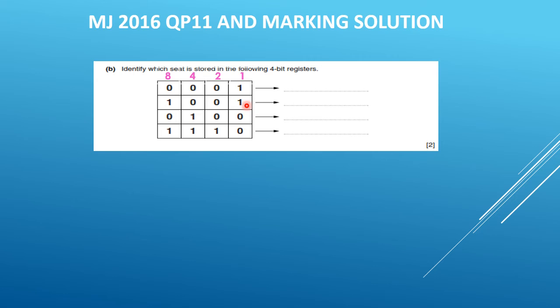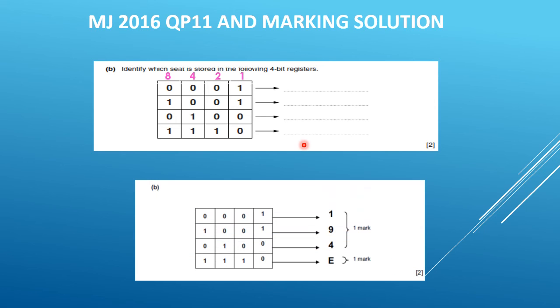In the second row, the binary notation 8 and binary notation 1 will be added, and we will get the answer 9. In the third row, the binary notation 4 is the answer, and in the last row 8 plus 4 plus 2, we are going to get the answer 14, which is equivalent to E. Now let's see the answer.